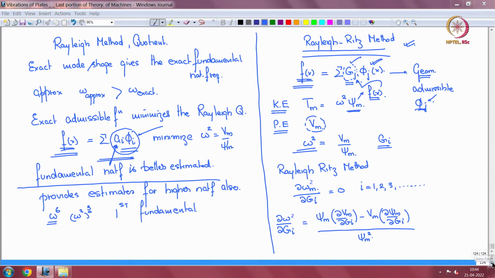We simplify this, we get del omega square by del g i is equal to psi m del Vm by del g i by psi m squared minus Vm by psi m squared del psi m by del g i, that is equal to 0.